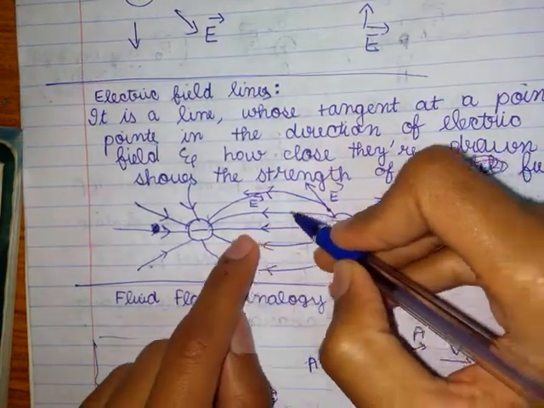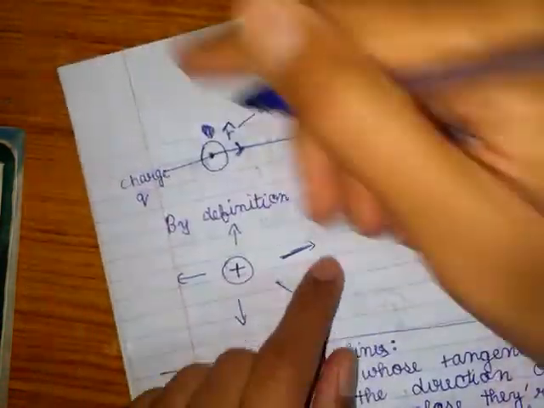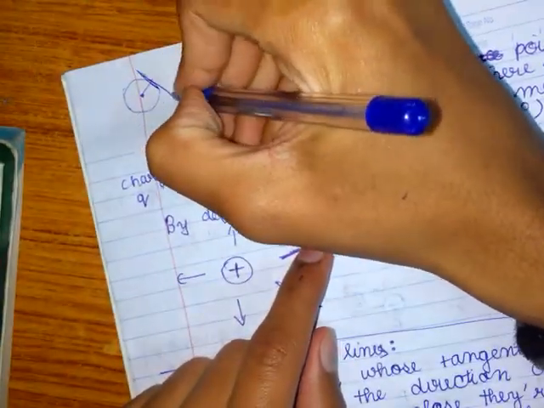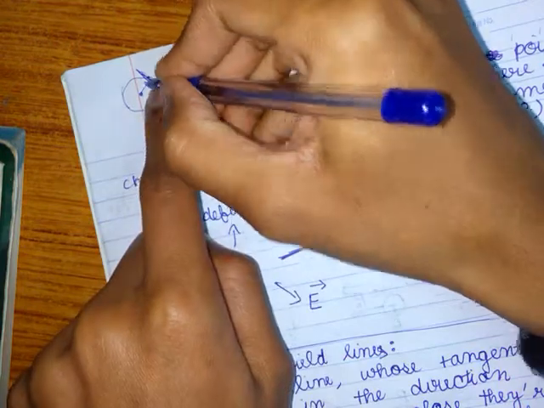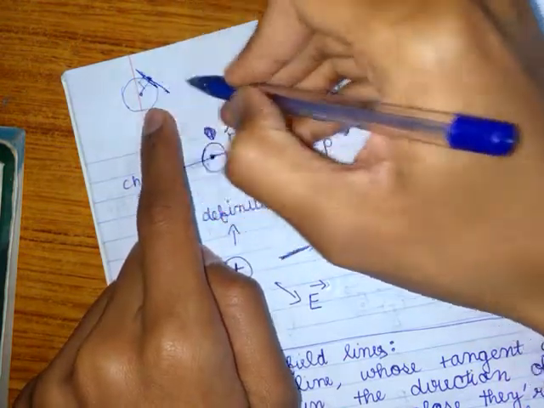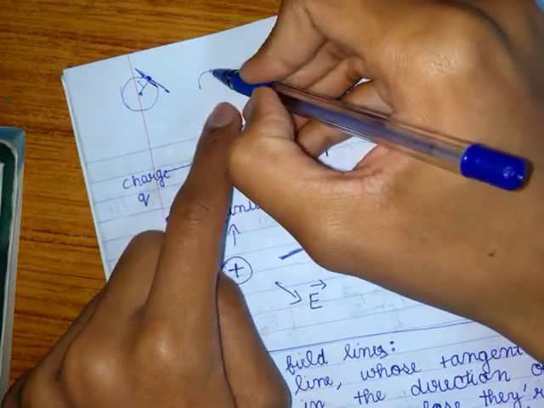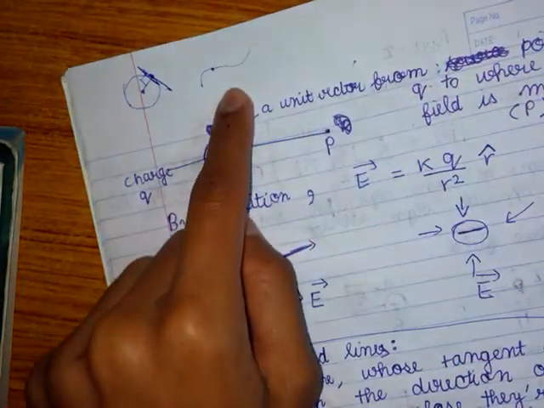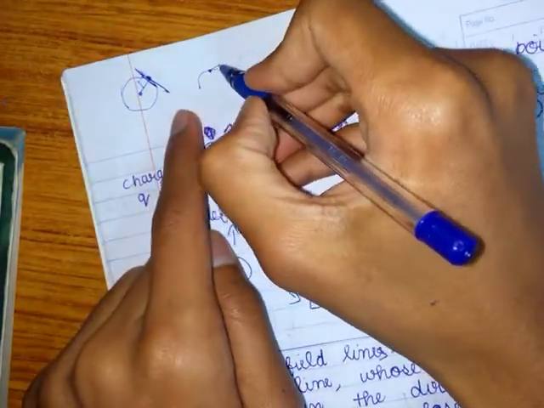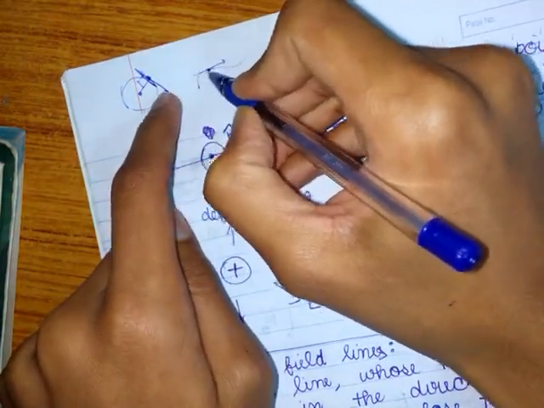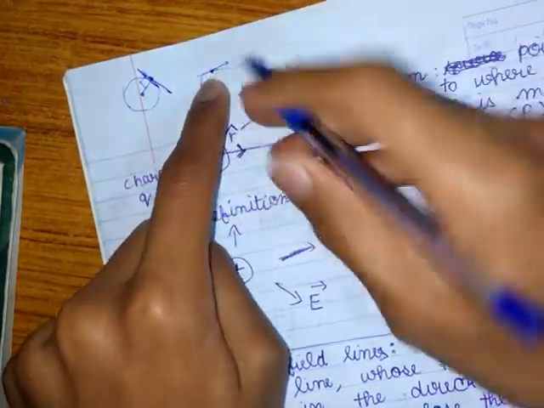Okay, so what is a tangent? A tangent to a circle is a line that passes through only one point and is perpendicular to the radius. And if we have any general curve, we won't necessarily have a radius, and the tangent would be simply a line that is crossing the curve at only one point.